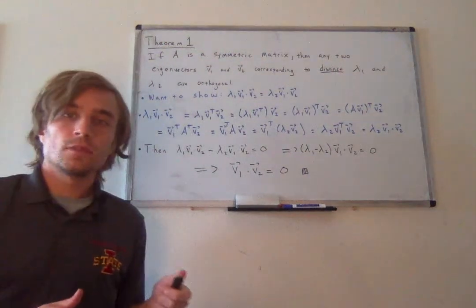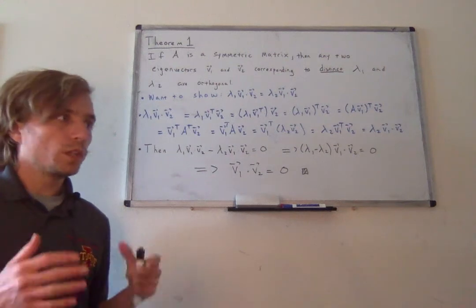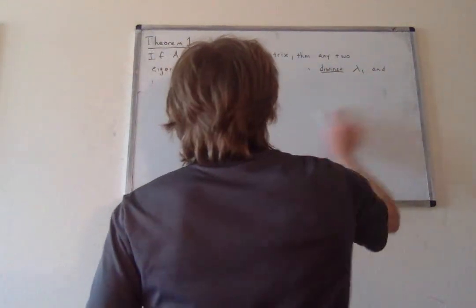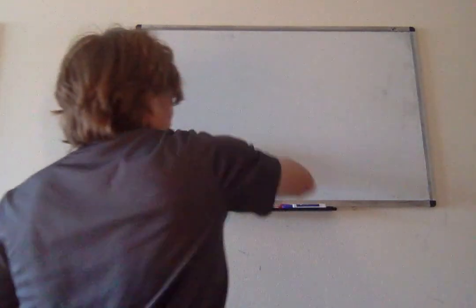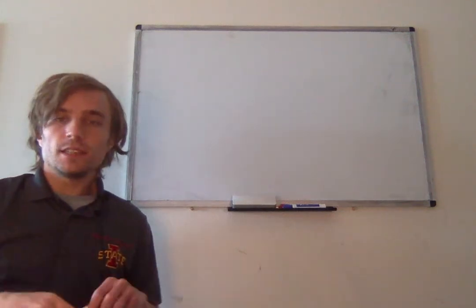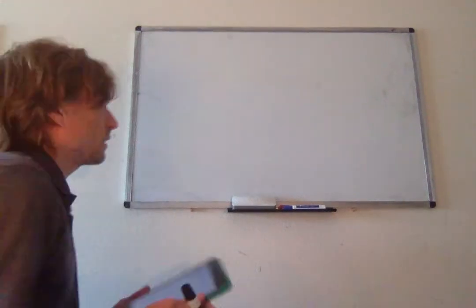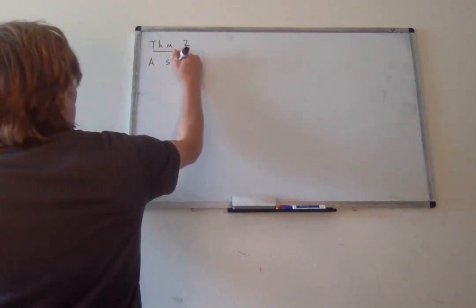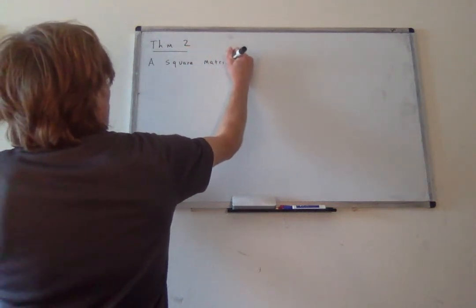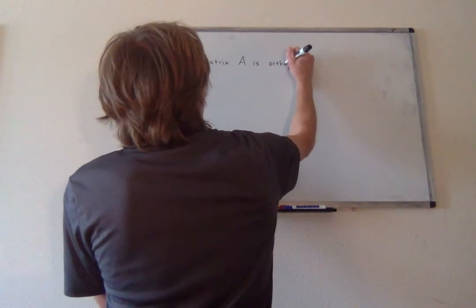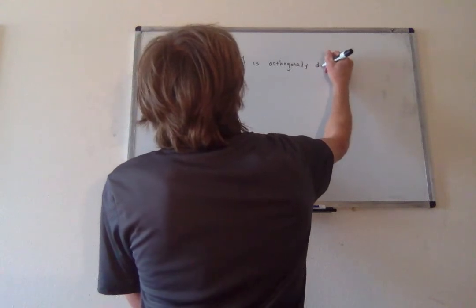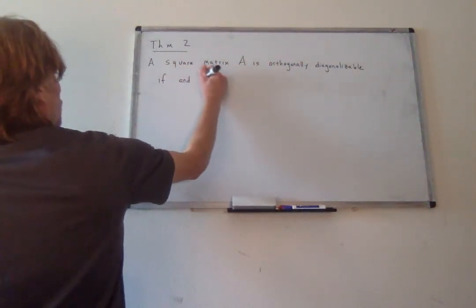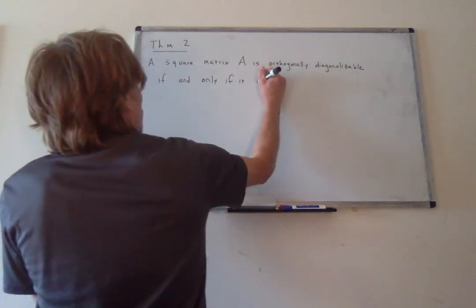As we will eventually see, we're almost at the point where we'll see that every symmetric matrix is orthogonally diagonalizable, but I'll go ahead and state the main theorem right now: a square matrix A is orthogonally diagonalizable if and only if it is symmetric.